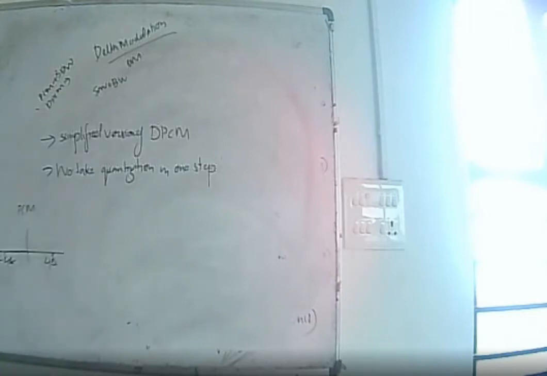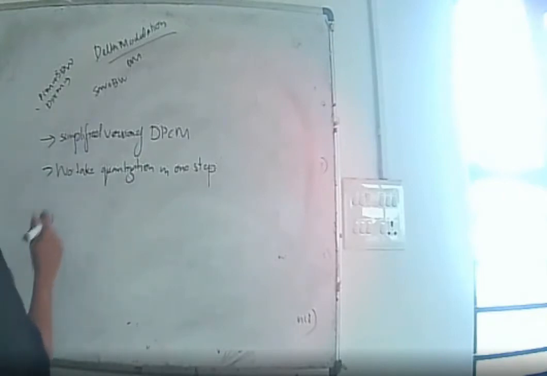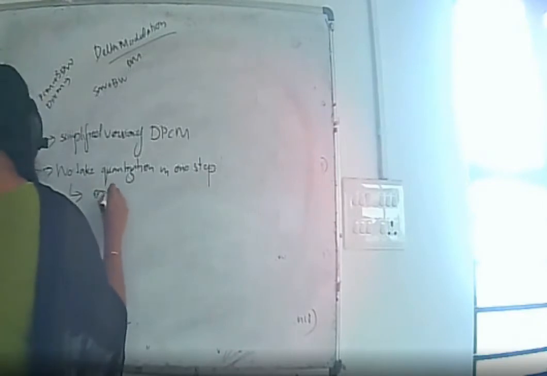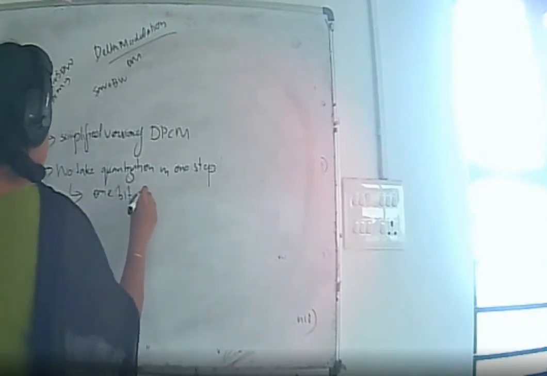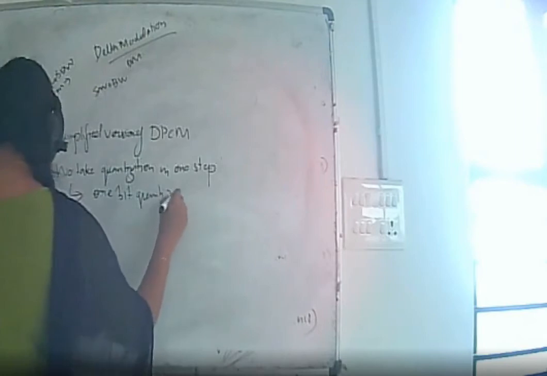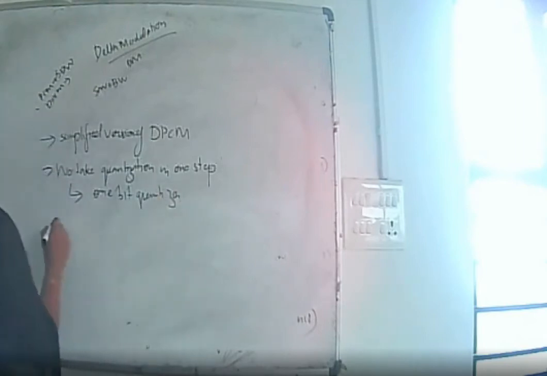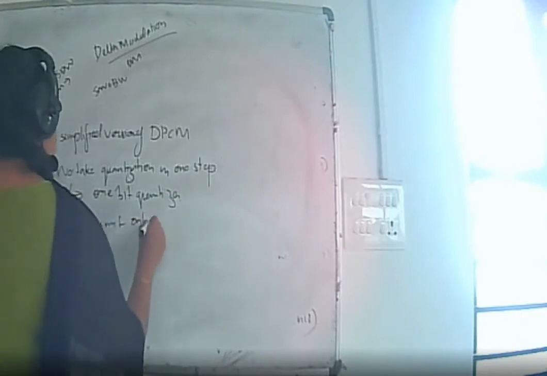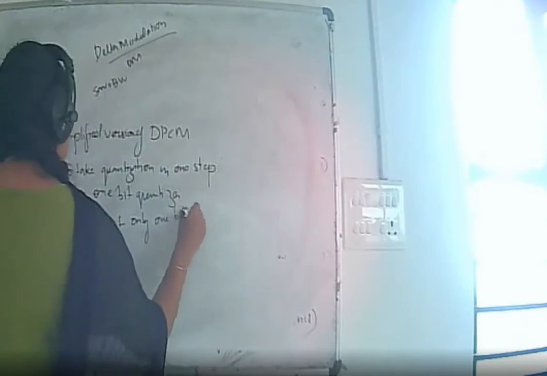In delta modulation the quantization is in one step, that is, it uses a 1-bit quantizer and transmits only 1 bit per sample.